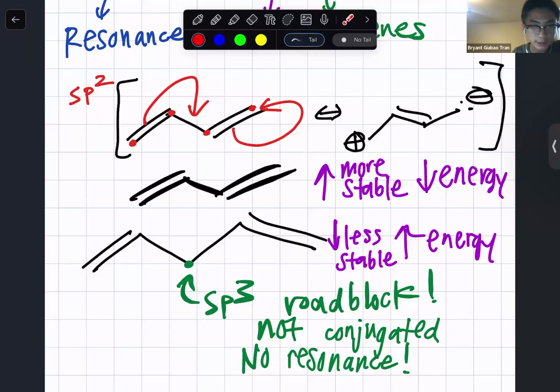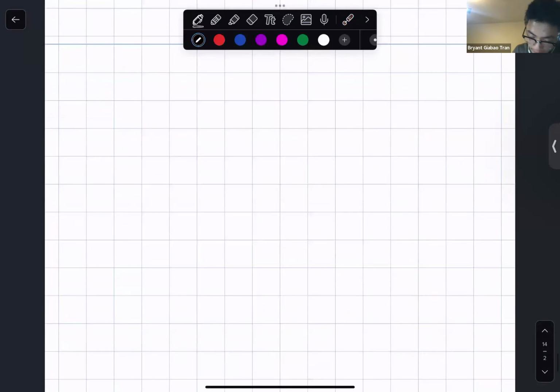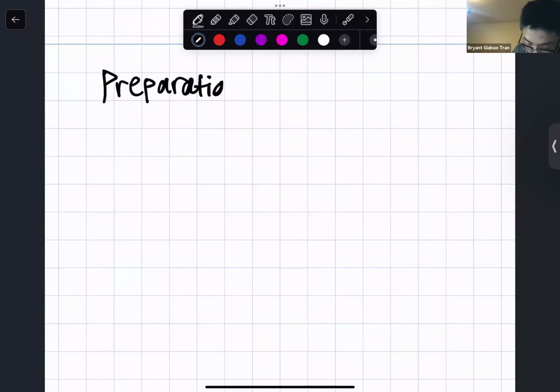Now, let's go over how to make them. Preparation of conjugated dienes.